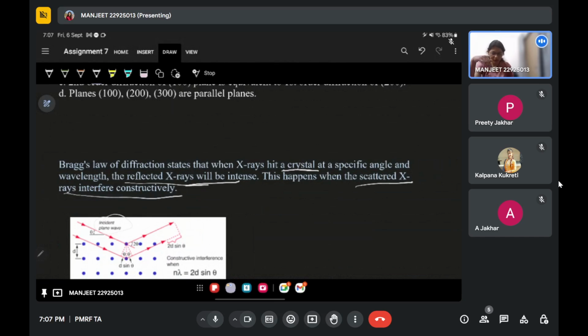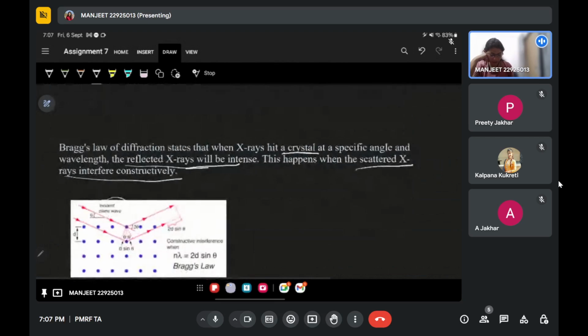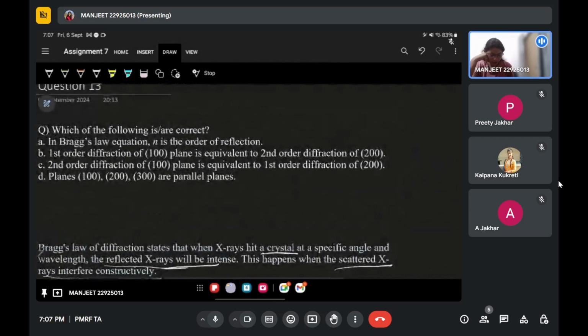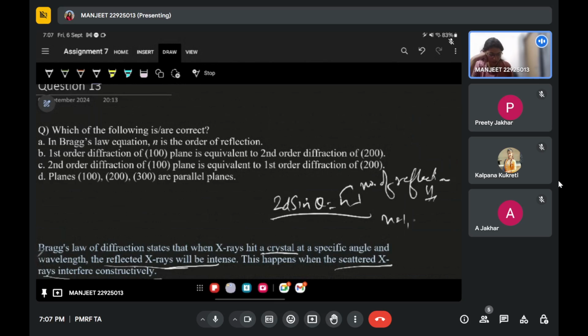So your reflected X-rays will make an interference, so there will be your Bragg's reflection. The Bragg law equation is 2d sin theta equals n lambda. n is the order of reflection. It can only have integer values, that is 1, 2, 3, 4, 5 and so on.